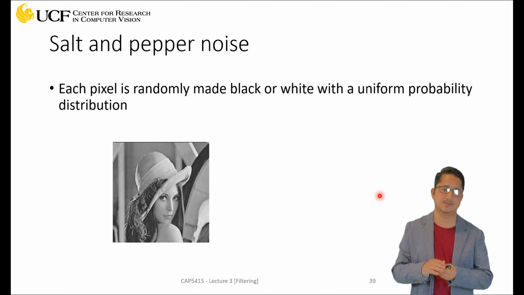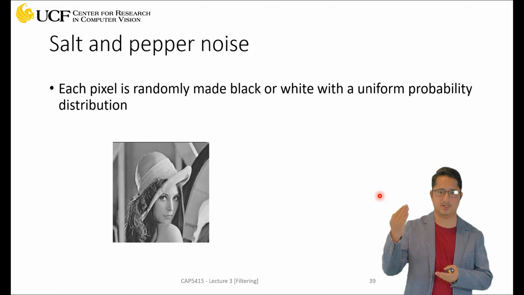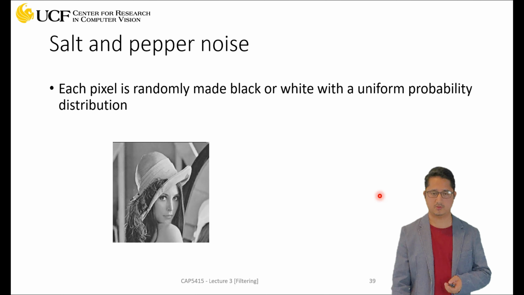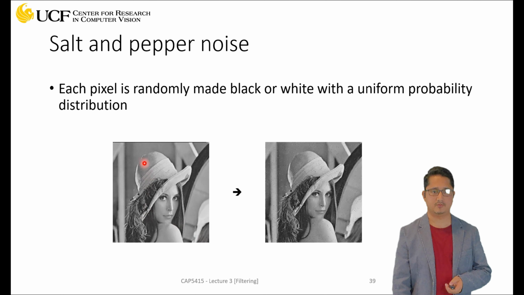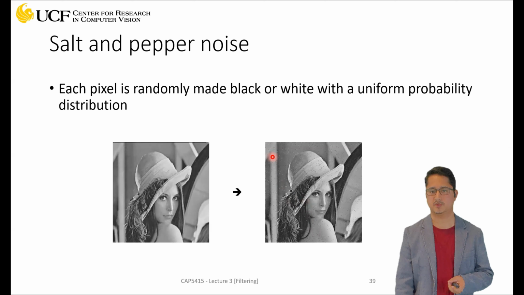That will come from the step function. Either you make it completely 0 or completely 1. Let's say this is the original image, and if you have salt and pepper noise, it will look something like this. You can see that some of the pixels are completely 0 and some are completely 1, assuming the range of this image is between 0 and 1. And other pixels, you won't change at all.